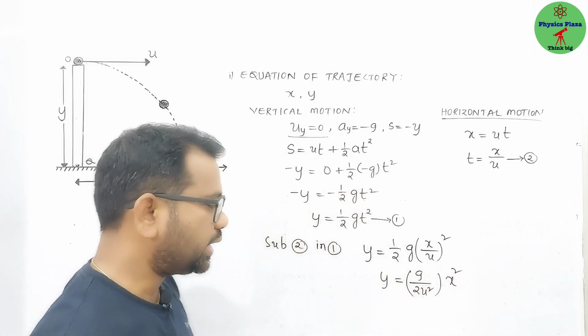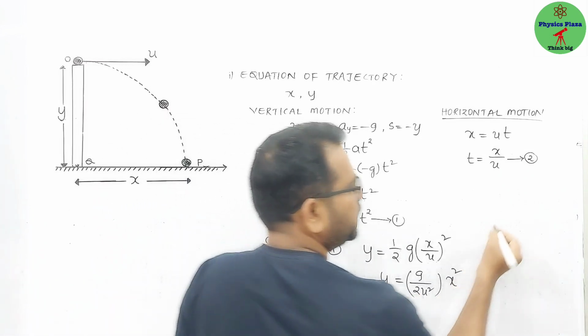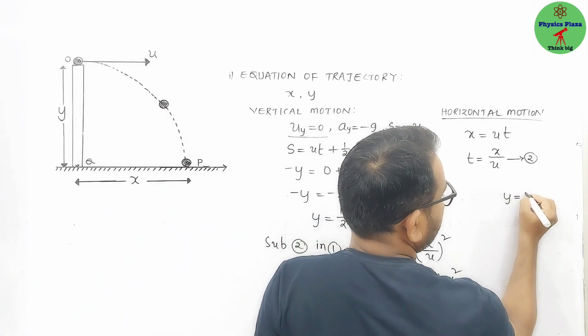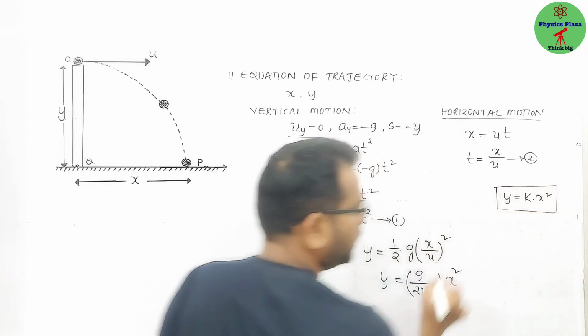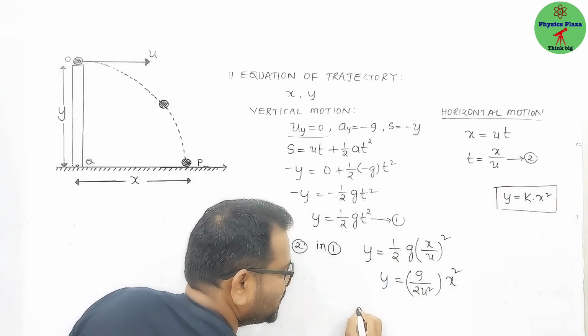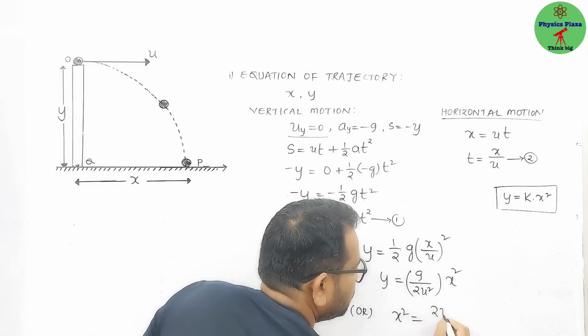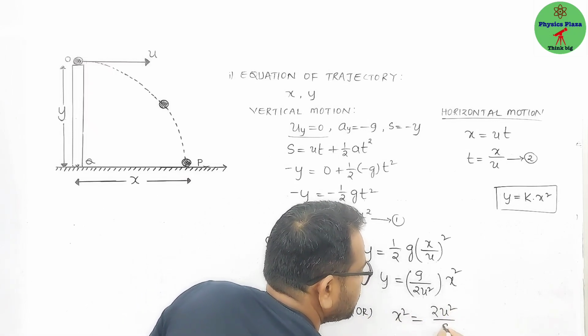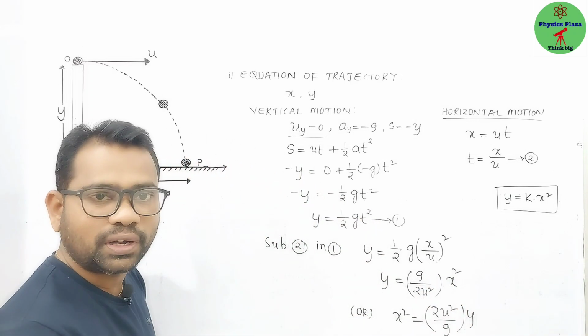Try to understand: it is of the form y is equal to k into x square. Or you can write it as x square is equal to 2u square by g into y. Is the point clear?